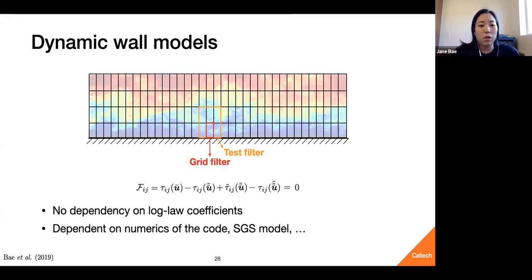The benefit of this model is that it had no dependency on the log law coefficients, but it happened to be dependent on the numerics of the code, subgrid scale models, and so on, which made the model not very extendable to different types of codes.